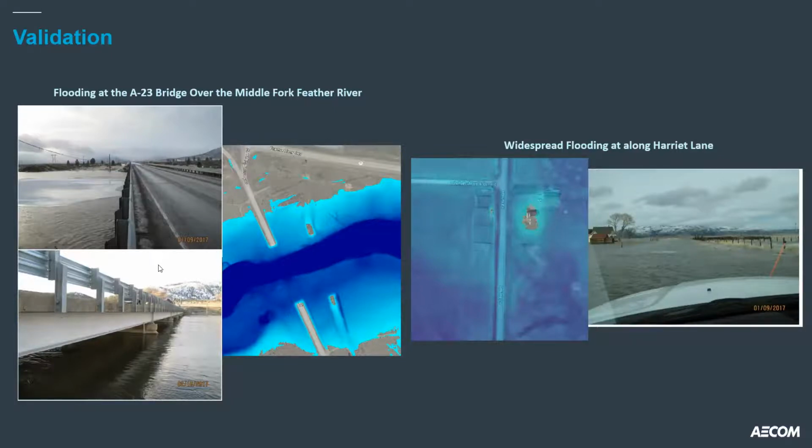So we felt like numerically we were in good shape, and then we mapped it and we felt like we were in good shape based on extent from observation. So we're pretty happy with the results. Region 9 is pretty happy with our results. The communities are happy with the results.